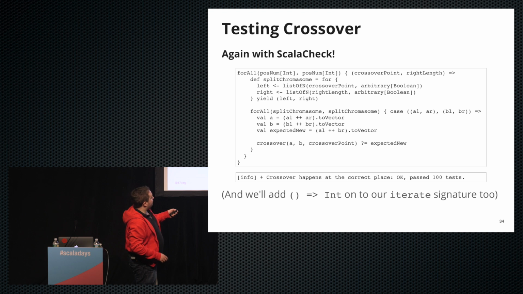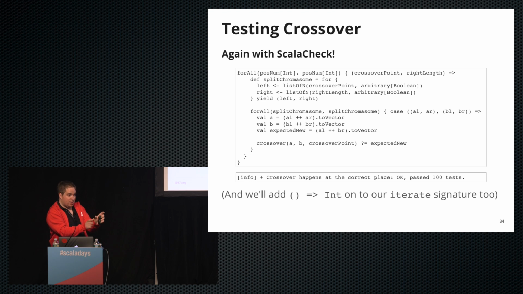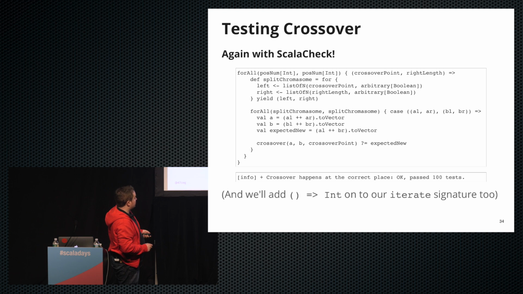So we have a number for the point on the string where the crossover will happen, and then this number here is just the length of the string after the crossover point. We have a function here which generates some pairs for us. So it provides a chromosome for us in split parts. So we know which part is before the crossover and which part is after.